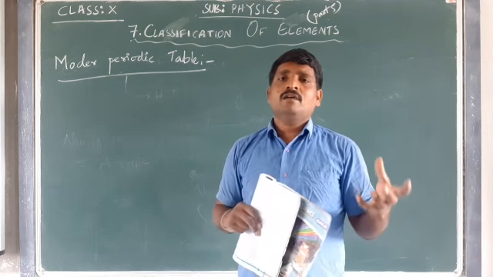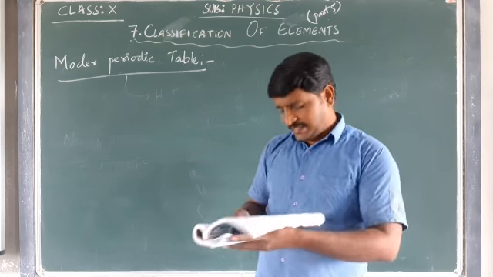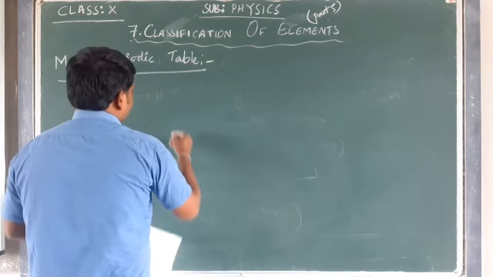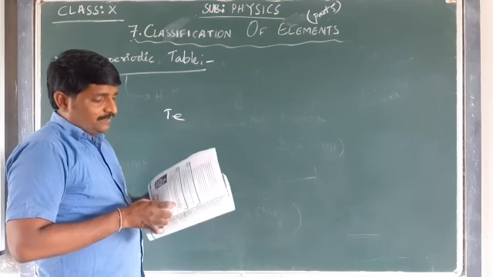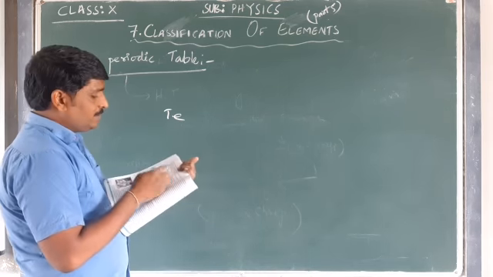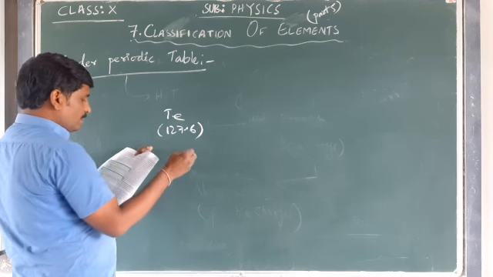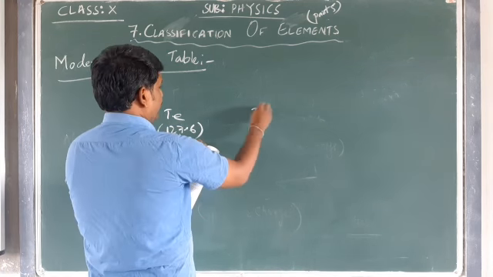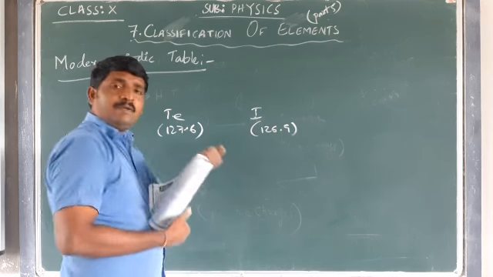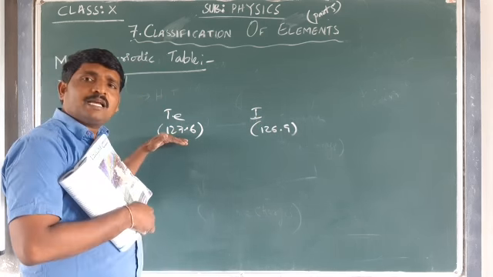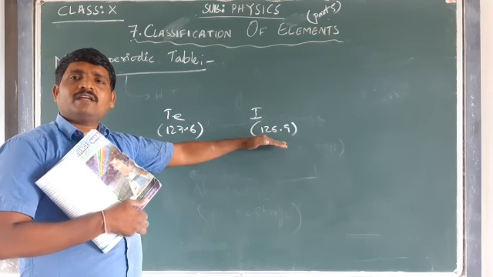According to Mendeleev, one drawback is the anomalous series. Yesterday we discussed that tellurium has an atomic weight of 127.6, and iodine has an atomic weight of 126.9, but tellurium was coming first and iodine after it, which was not correct.